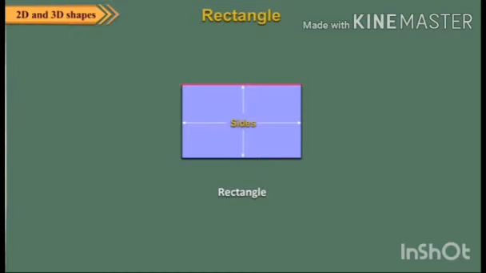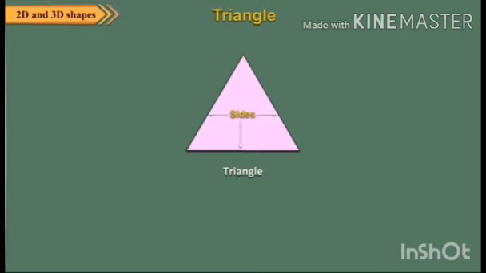Now the rectangle shape, here also 4 sides, which is blinking. A rectangle has 4 sides and 4 vertices also, but only the opposite sides are equal to each other.